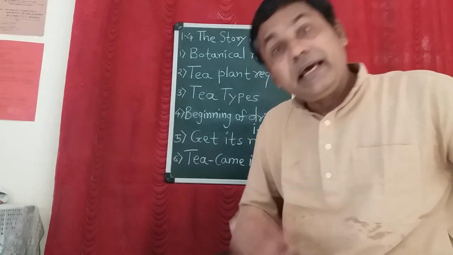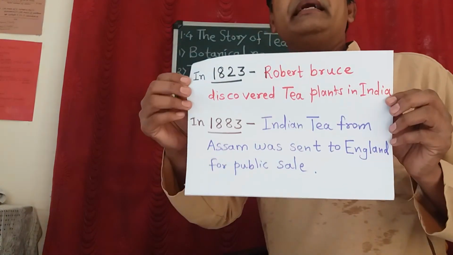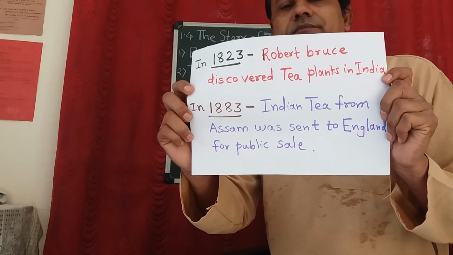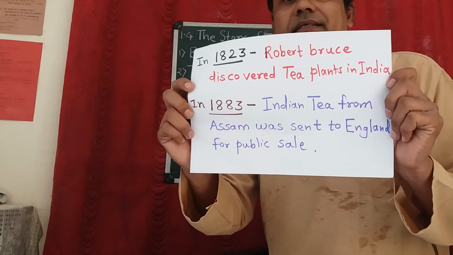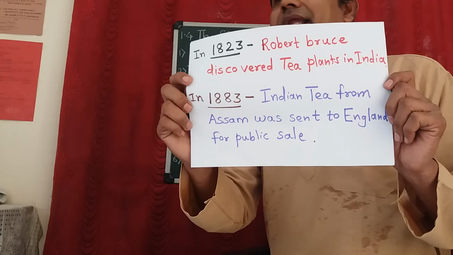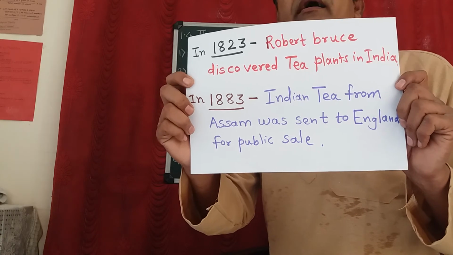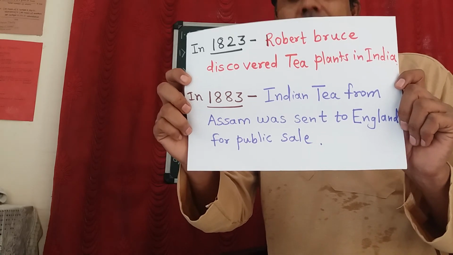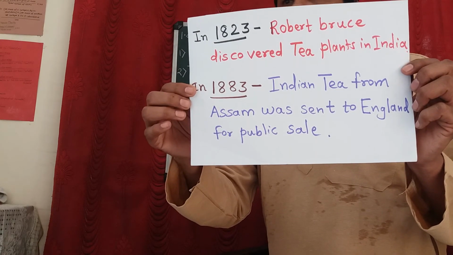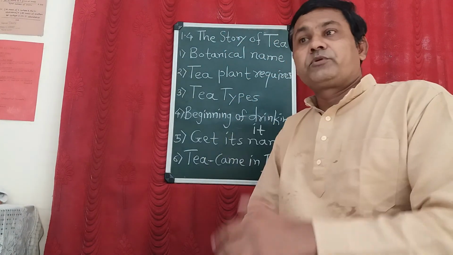But thereafter, in 1823, the botanist Robert Bruce found the tea plant in India. And thereafter, in 1883, India produced tea, and Indian tea was sent to England for public sale. So friends, India became the largest producer of tea.